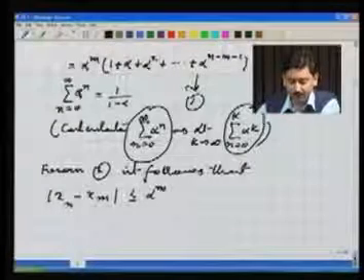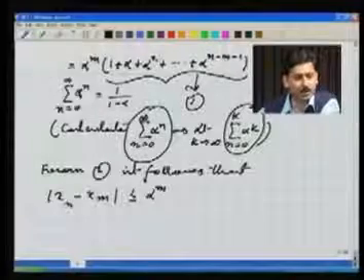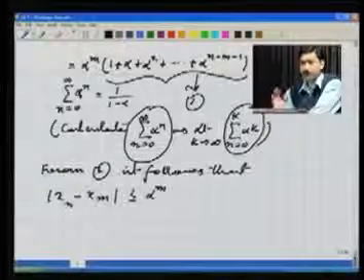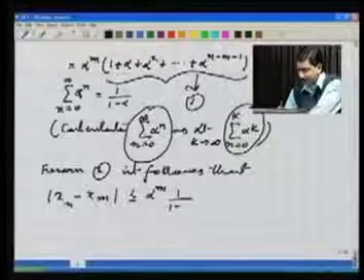Now what remains is this sum, and because of the calculation of the sum and since the terms involved are non-negative, I can say that this is actually less than 1 by 1 minus alpha.